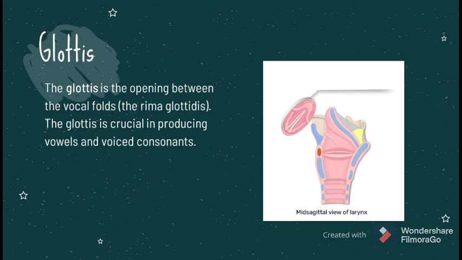For the last place of articulation, we have the glottis. The glottis is the opening between the vocal folds, or we can call it the rima glottidis. The glottis is crucial in producing vowels and voiced consonants.